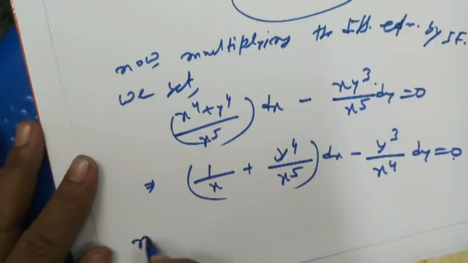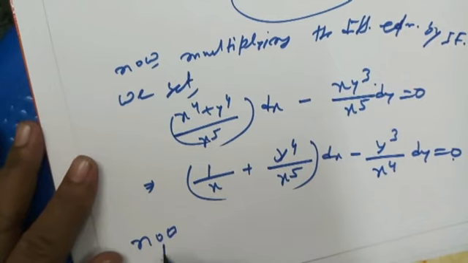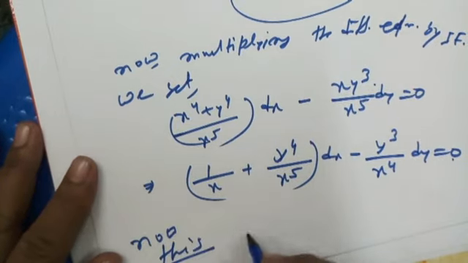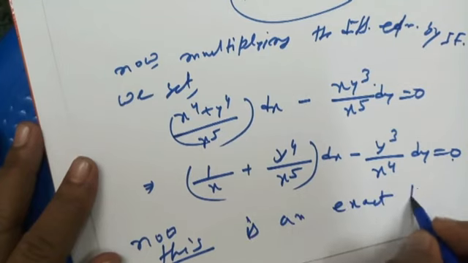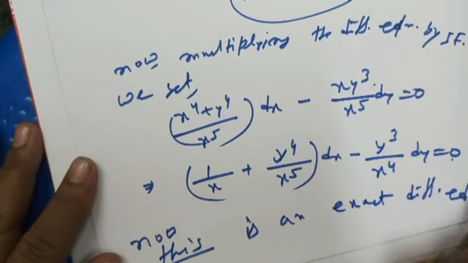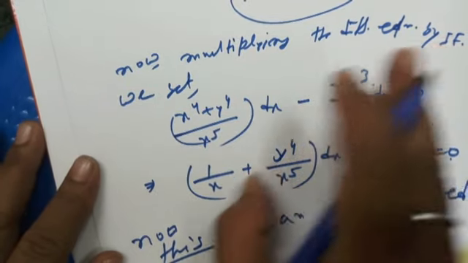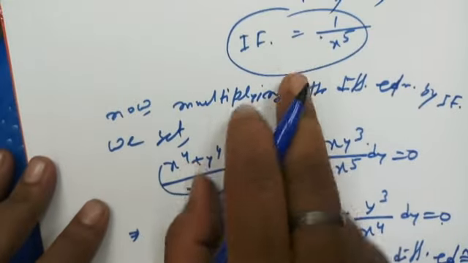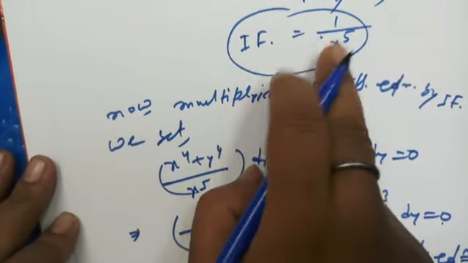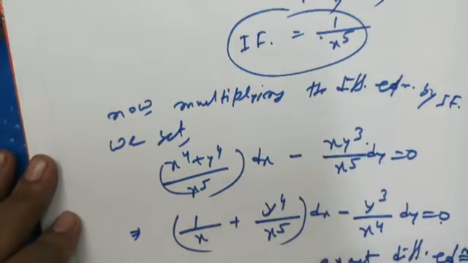Now this is an exact differential equation. After multiplying the given equation by this integrating factor, it becomes this equation, which is an exact differential equation.